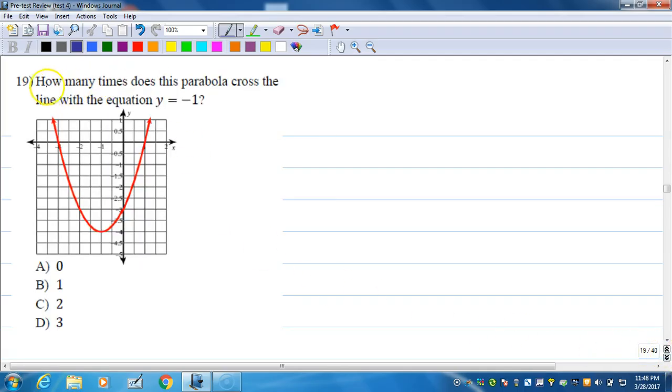Number 19. How many times does the parabola cross the line for the equation y equals 1? First, y equals 1. Oh, I'm sorry, negative 1. Y equals negative 1. That line is right here.